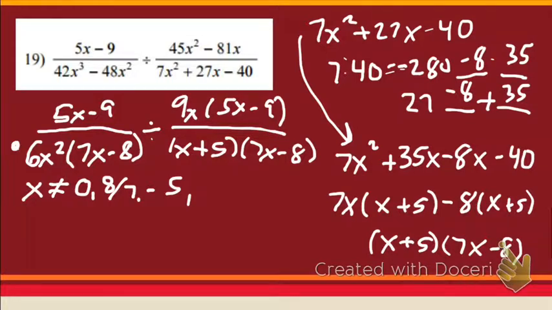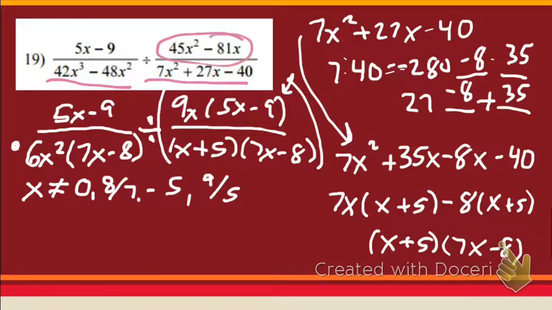But also, we have to take out 0 and 9/5, because those are the zeros of this numerator, which is, this entire fraction is actually like a denominator because we're dividing the first rational function by it. So when you're dividing two rational functions and you're looking at domain, you want to take out the zeros of both numerators, so look at the zeros here, and also the denominator of the fraction getting divided, because it is a denominator. So this would be our domain restrictions right here.